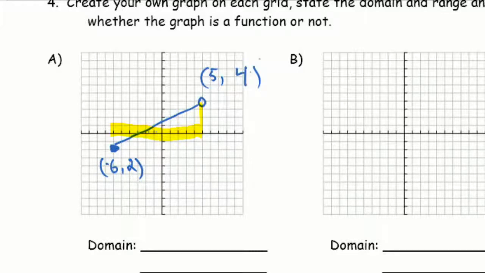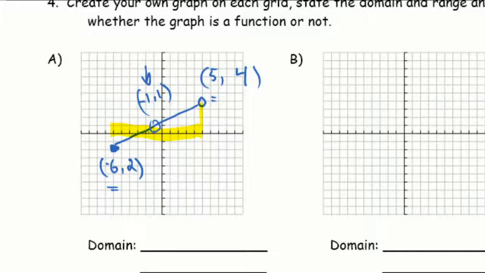All right, so those are my ordered pairs for those two endpoints. I could pick any point along the line, and I could write an ordered pair for that point, like -1, +1. So you can see how it's a continuous line, so I'm going to use every x value all the way from -6 up to +5, with -1 included in between those two.